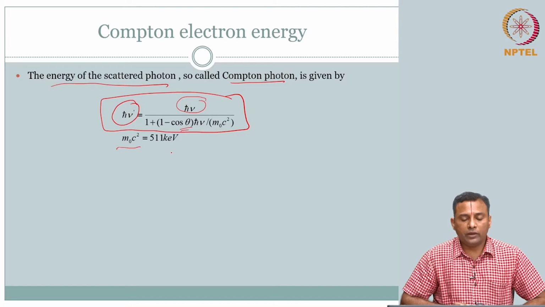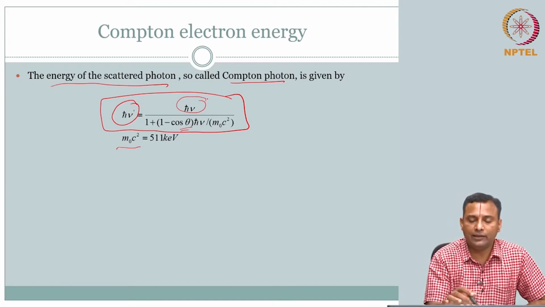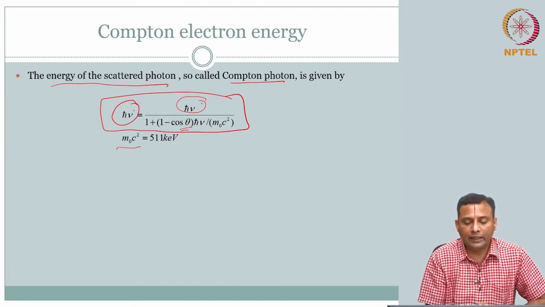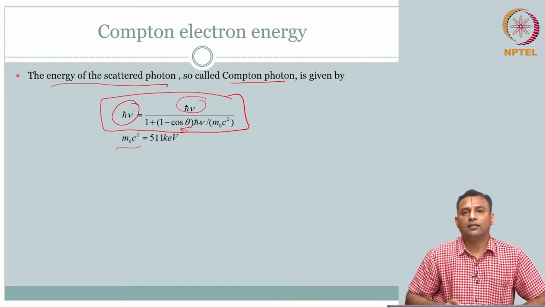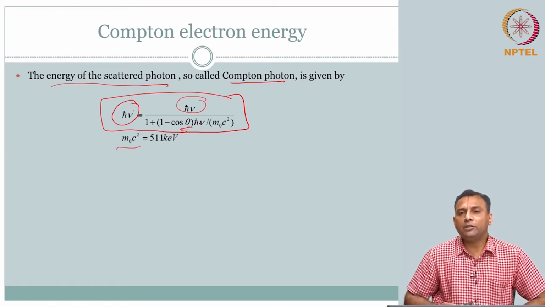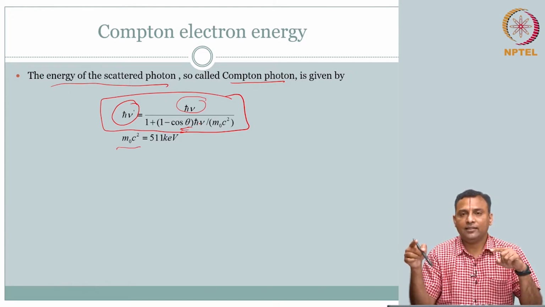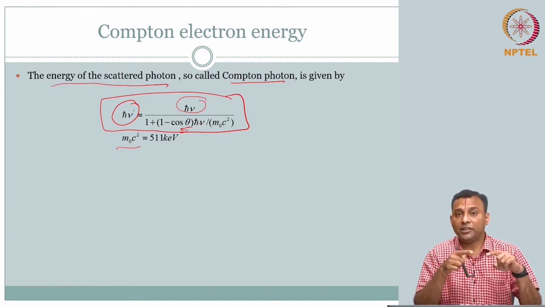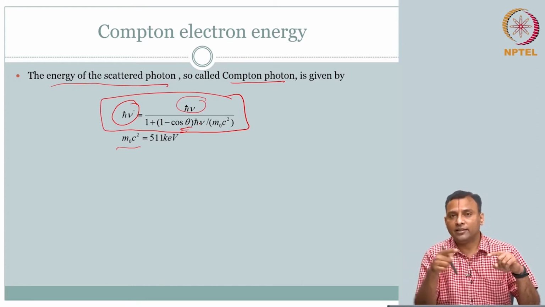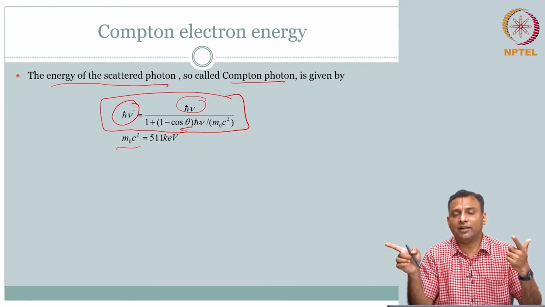So, if you really look at it, we know this energy is going to be less than this energy, but how much less depends on theta. Intuitively speaking, if there is no change in path, then h mu dash will be the same as h mu. There is no interaction taken place, it has not lost any energy or changed the path.